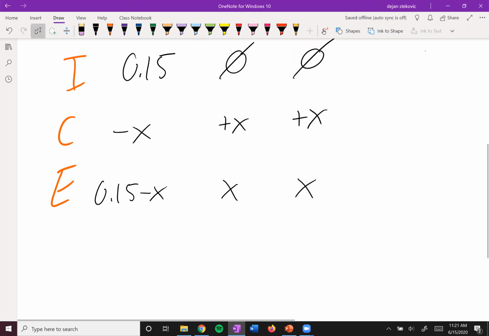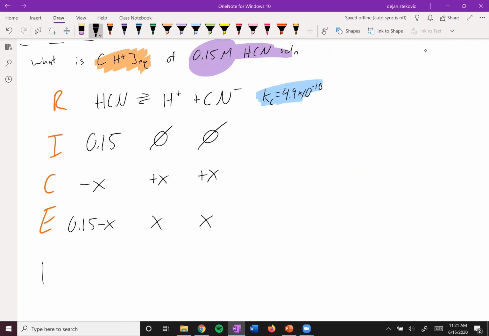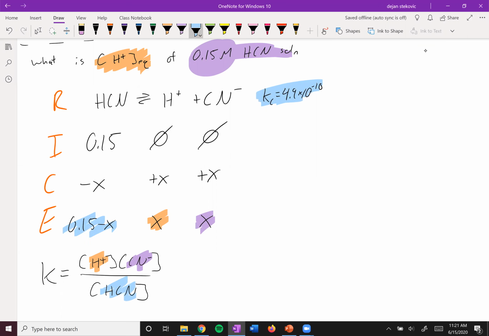Next up, we want to write our expression for K. So here we say K is equal to the concentration of H plus times the concentration of CN minus divided by the concentration of HCN. And then we can plug these numbers in, and 0.15 minus X into here.